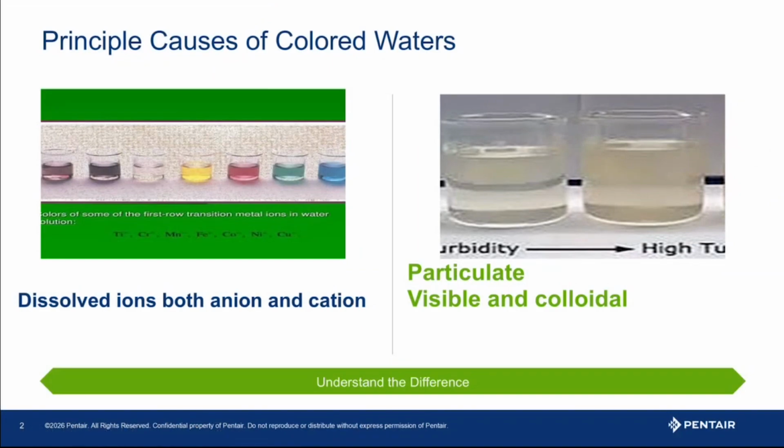Now, it all starts like we talked about last time with the causes of the color in our water. Dissolved ions, both anion and cation, negative and positive, may contribute to color in the water depending on concentration level. And the other source we typically see in potable water sources, both well and municipal, is going to be turbidity.